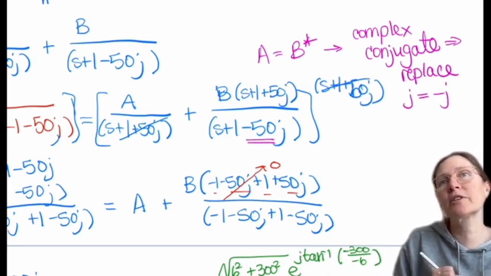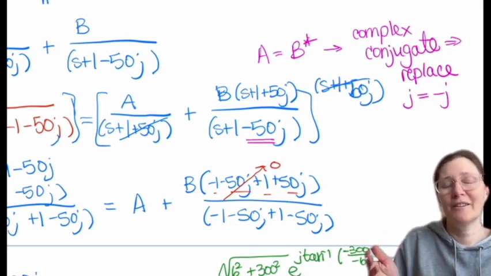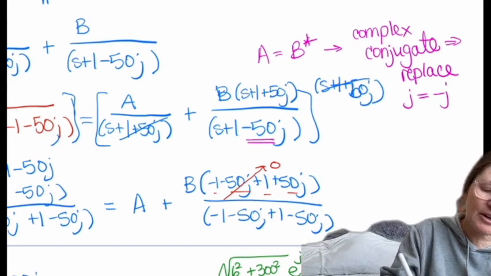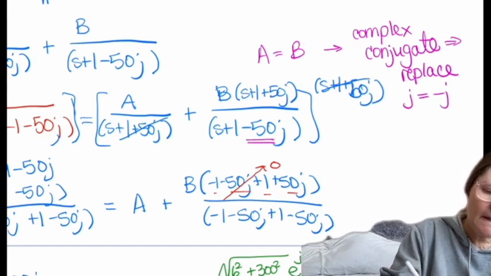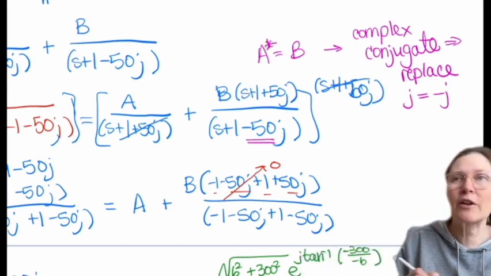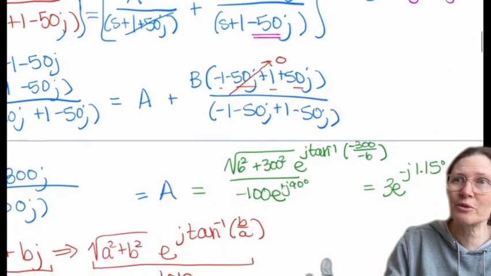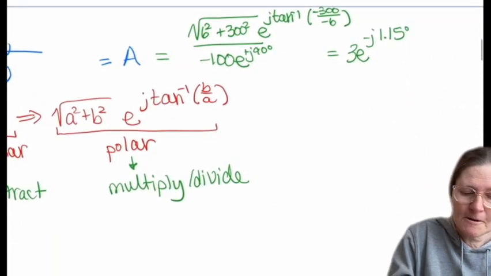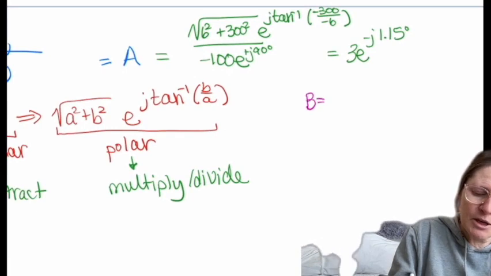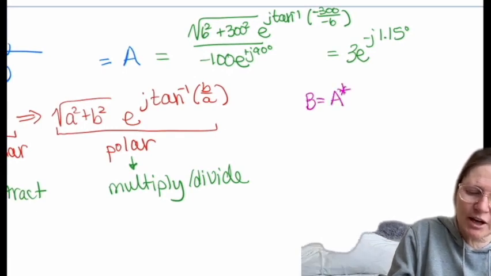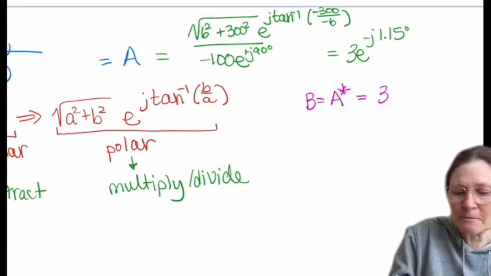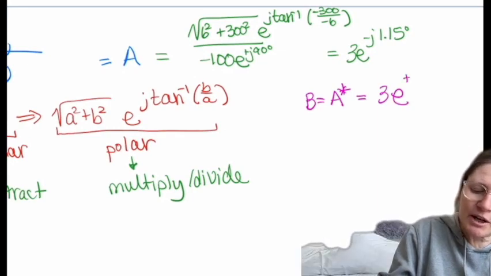And so you can see that B is the complex conjugate of A. So now that we have A, B is just going to be the complex conjugate of it. Or you can go through those steps again. But with B being the complex conjugate of A, that's just going to be 3e to the plus j 1.15 degrees.